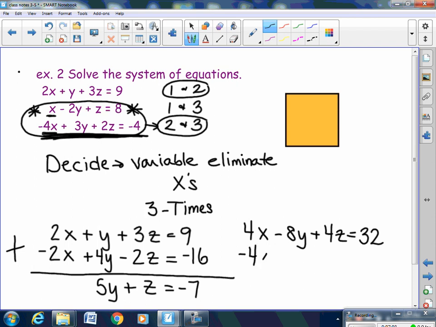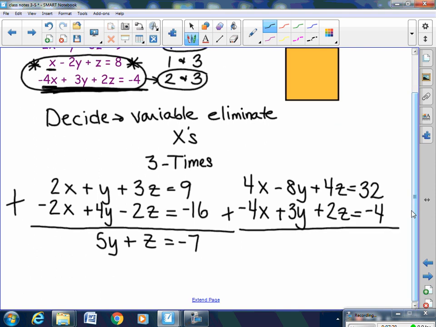Negative 4x plus 3y plus 2z equals a negative 4. I'm going to draw a line underneath it, and I'm going to add these. And if I did it right, my x's should cancel out, and they do. The x's cancel out. I'm left with a negative 5y plus 6z equals 28.